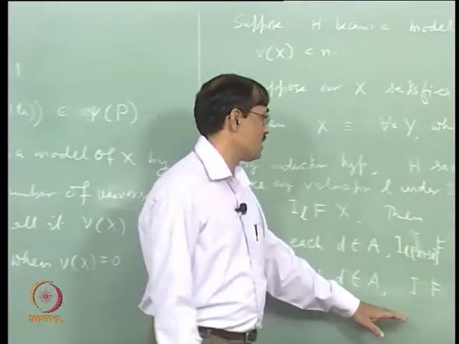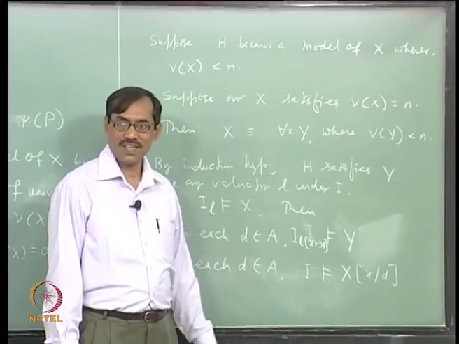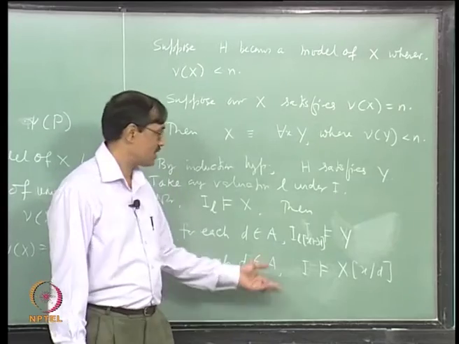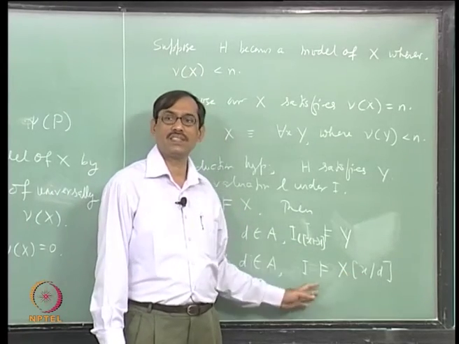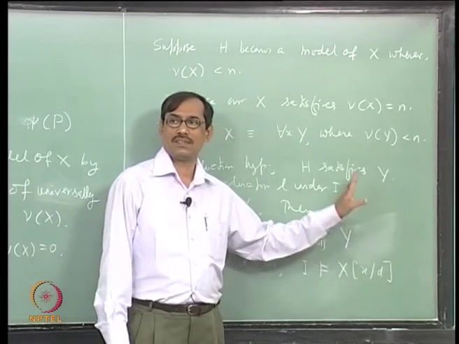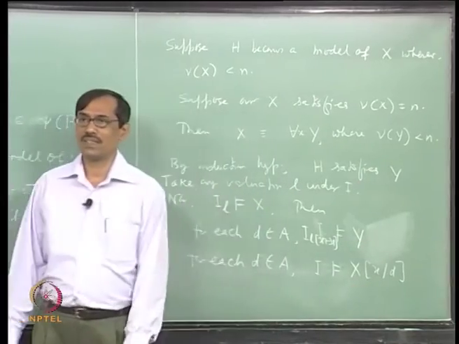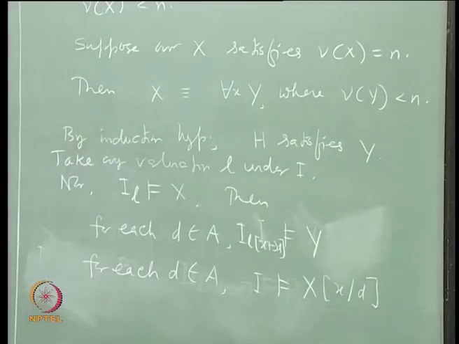So, once this is realized, there is nothing to prove after this. Induction hypothesis applies. So, the H satisfies this, then you say for each D in D, H satisfies this, over, quantifier is taken care. So, after this there is nothing in this sense. For each D in D, you will be writing that H satisfies x by D, x by some term t really.